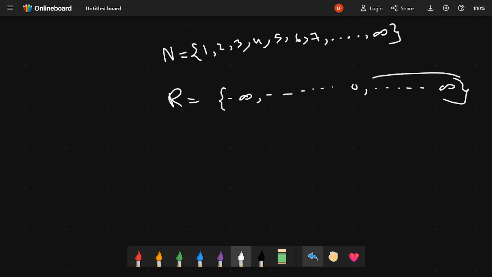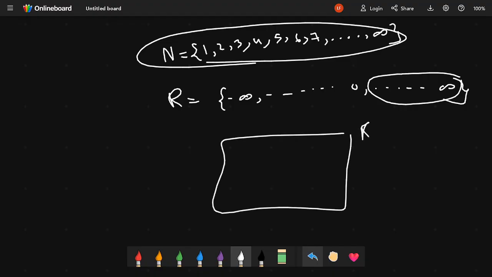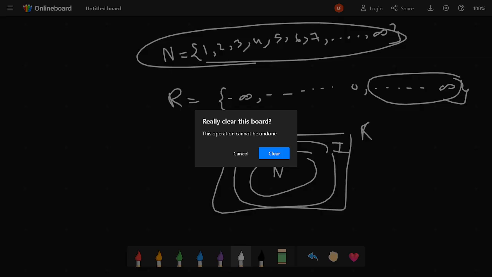So all of this part is still part of this. So the real numbers would be the superset of natural numbers. So let's say this is real numbers, and this would be natural numbers here. So you could see that in this case, real numbers are the universal set for natural numbers, and you could take integers too. It doesn't matter what you take; it just has to be bigger than the given set.